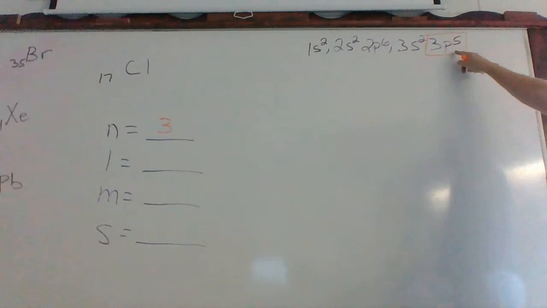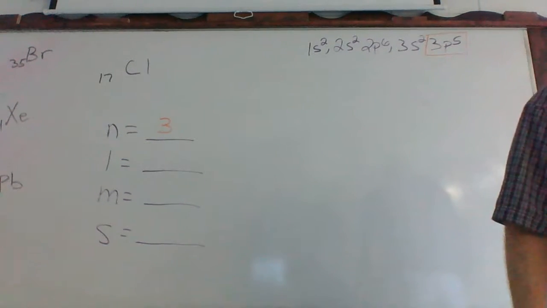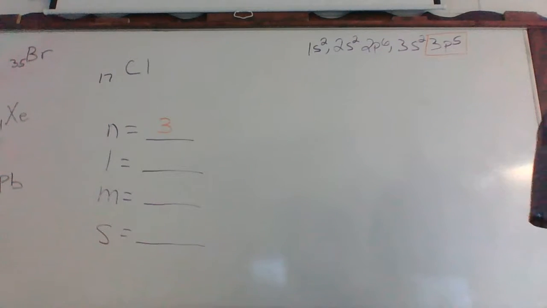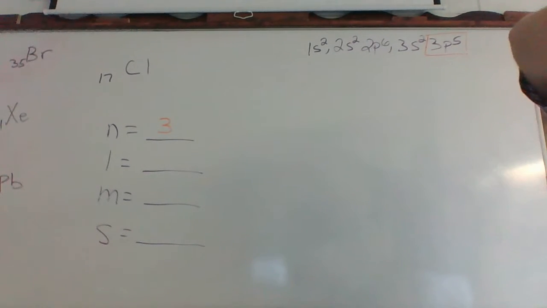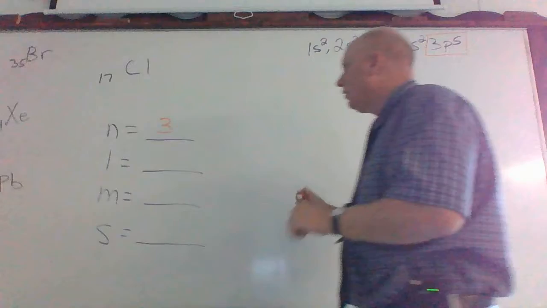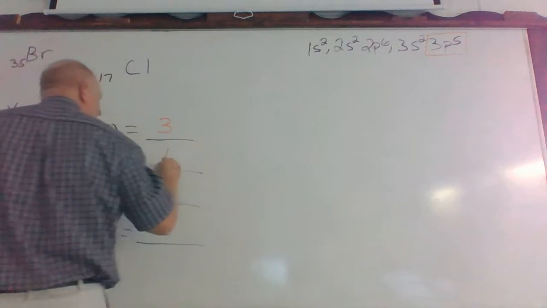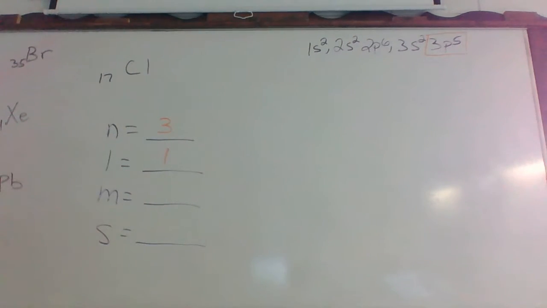And this is where you get that information from. So when you find letter P on this table, what's the given value for P? 1. Okay? So that information you can get without what we're going to do next.